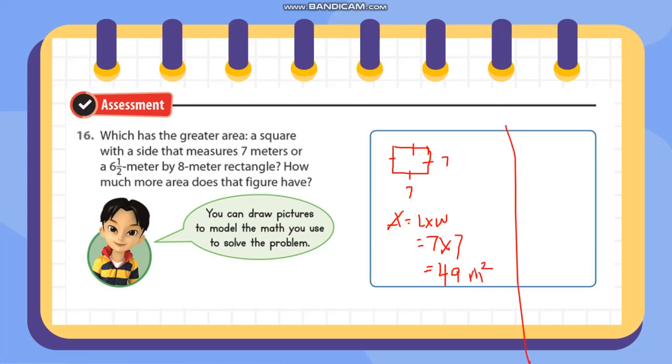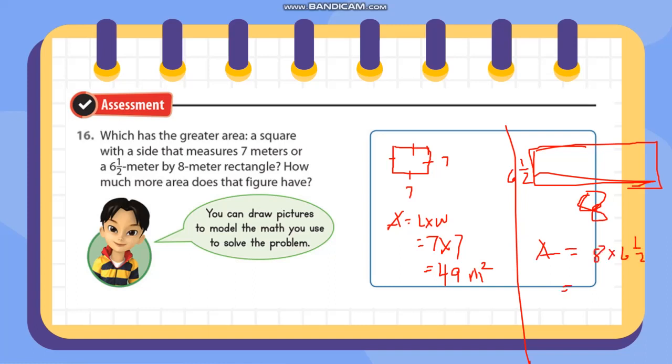Now, for the rectangle, if this is a rectangle, and this is 6 and 1/2, and this is 8, and this is 6 and 1/2, you simply multiply. Area is equivalent to 8 multiplied by 6 and 1/2.